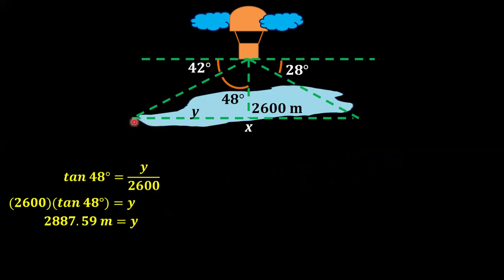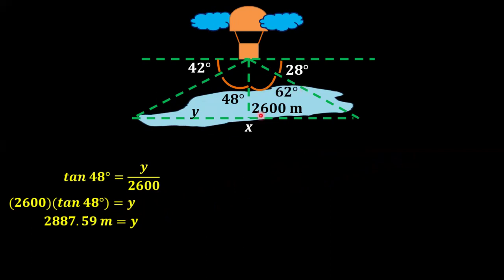How about the other side? So, again, take a look at this angle. This angle is equal to 90 degrees. So, if we already have 28 degrees, what is the complementary angle of that? That is 62 degrees.